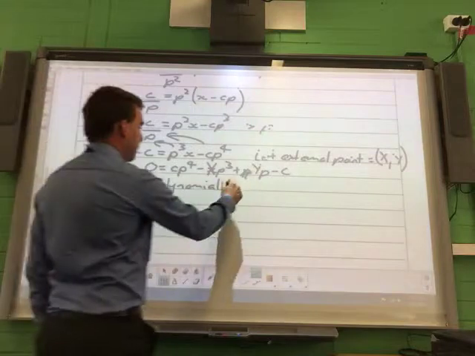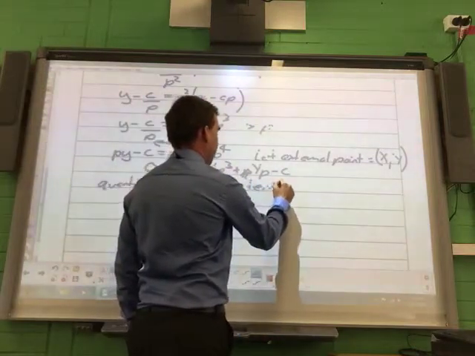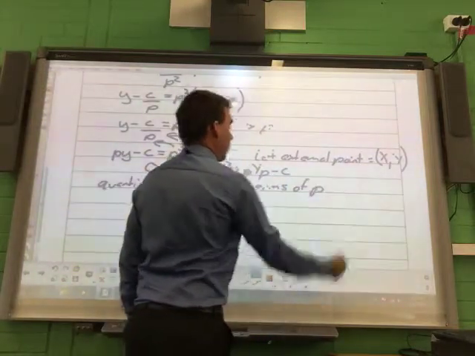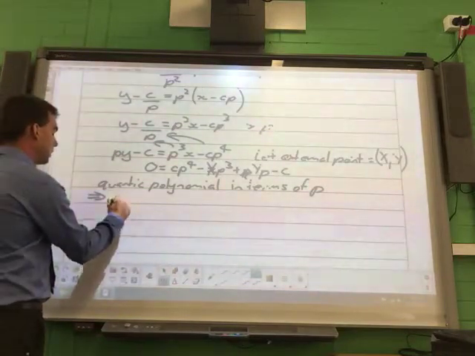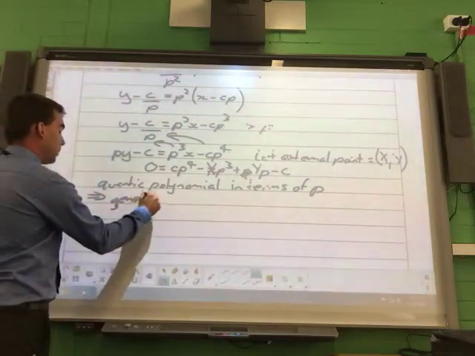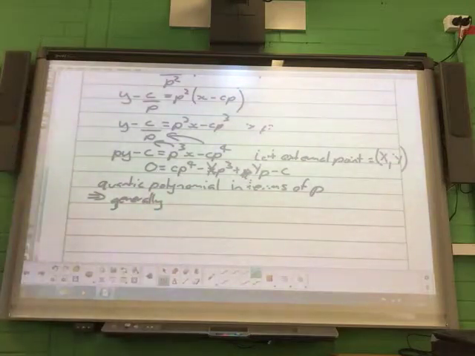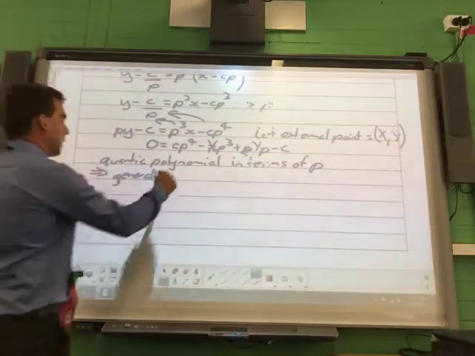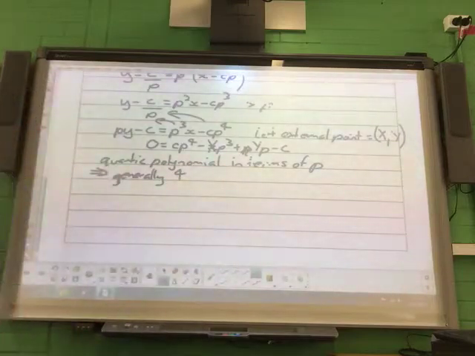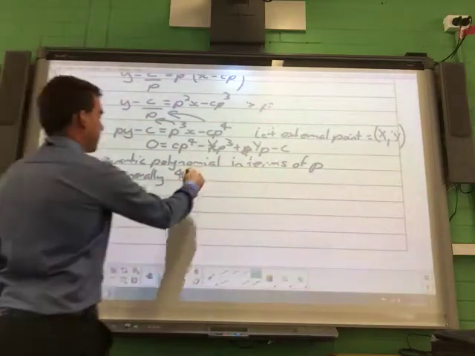Okay, quartic polynomial in terms of p. So it implies that generally, not always, because it depends on double roots. A double root means it's going to be the same point on the hyperbola. A triple root is going to be 3 lots of the same point. Generally, there are 4 values of p.